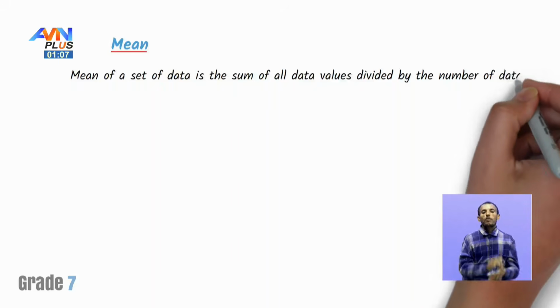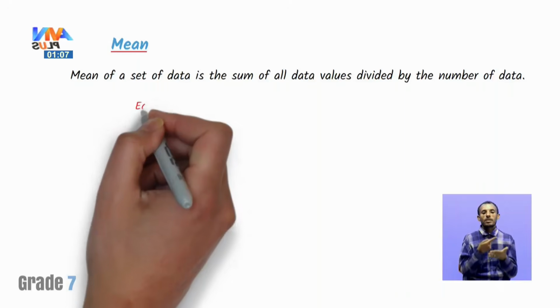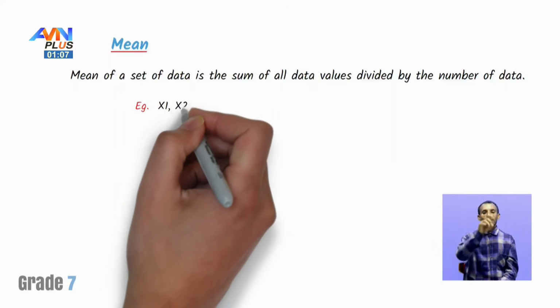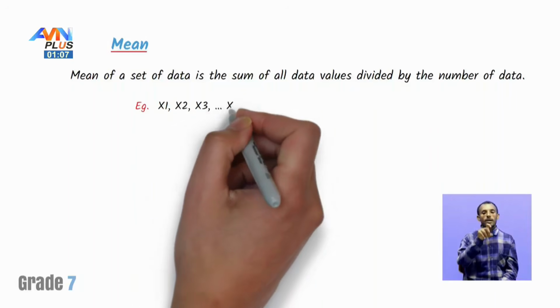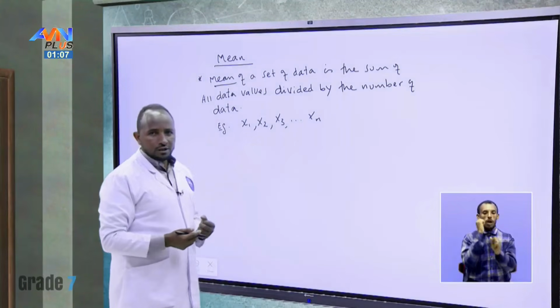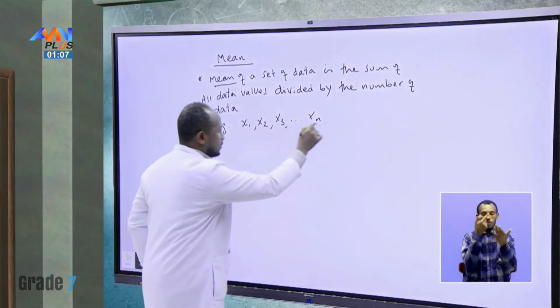For example, if we have the set of data x1, x2, x3 up to xn, and we are asked to calculate the mean, simply what you do is add all the data.